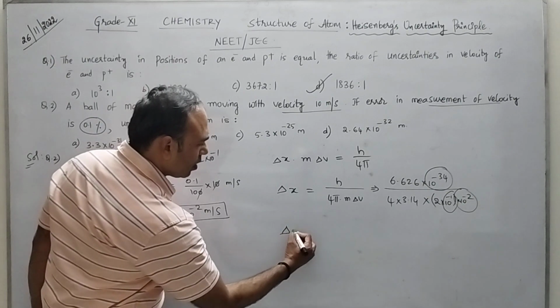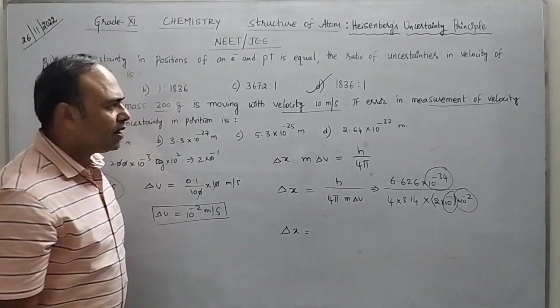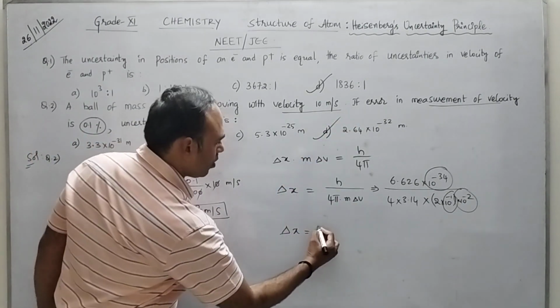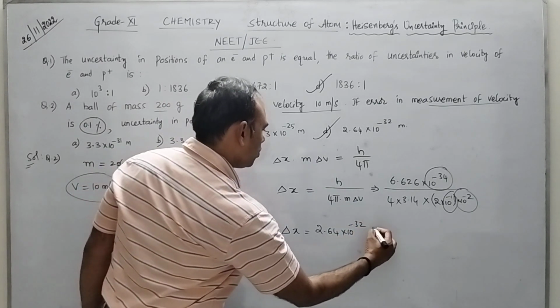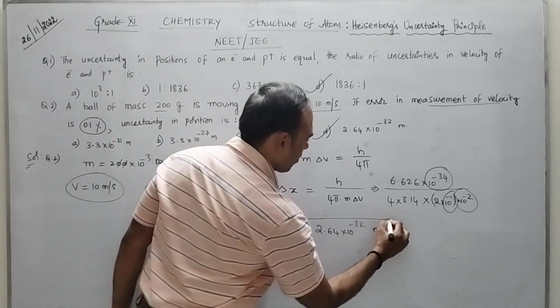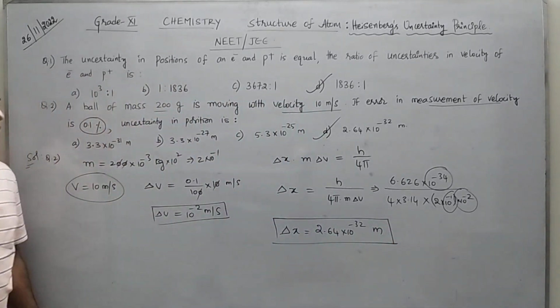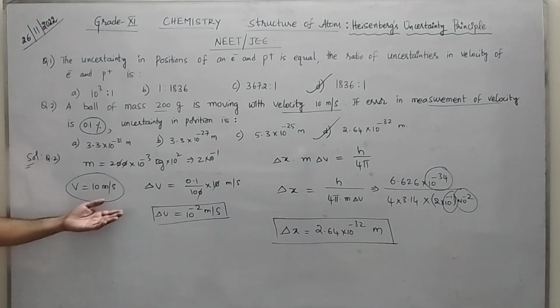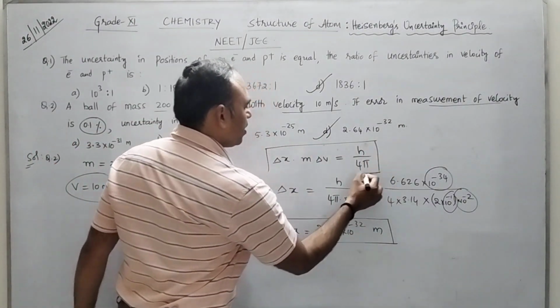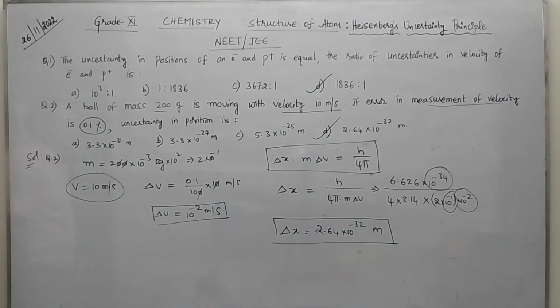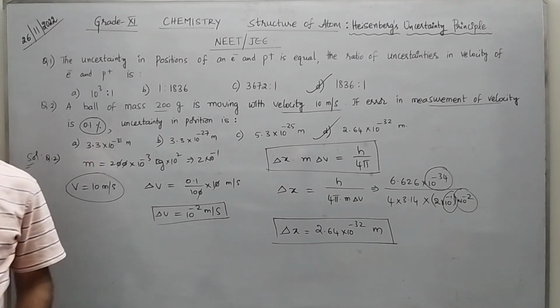For saving time I have calculated earlier, and what I got is 2.64 into 10 to the power of minus 32 meters. Hope you have understood this, how to solve using delta x into m delta V is equal to h by 4 pi. Now let us move to question number 3 and 4.